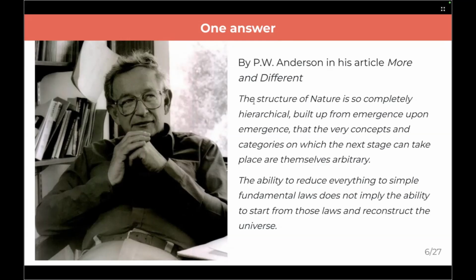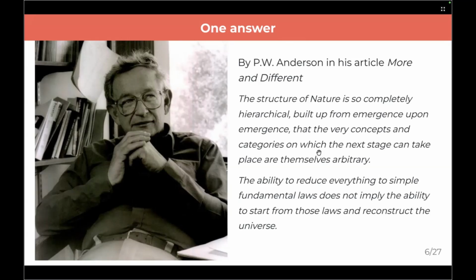So he says in the article that the structure of nature is completely hierarchical. It's built up from emergence upon emergence, but the very concepts and categories on which the next stage can take place are themselves arbitrary. You could think from a single particle to a many particle picture. They don't add up in a very simplified way.